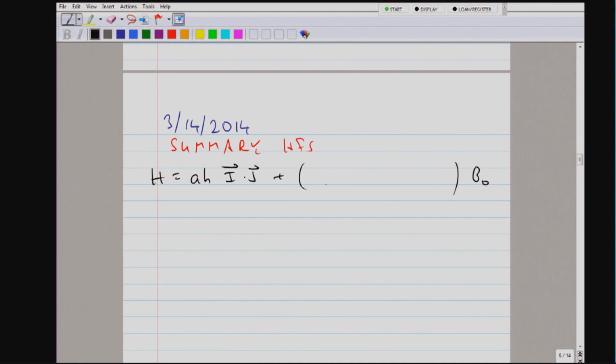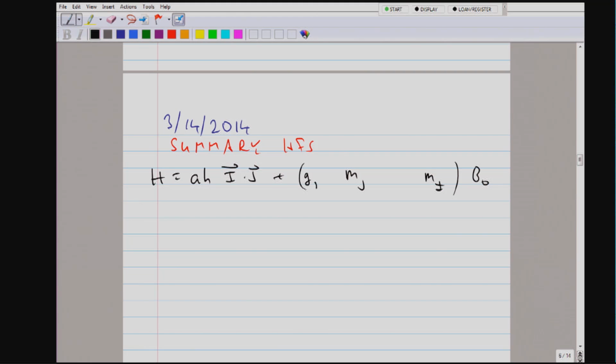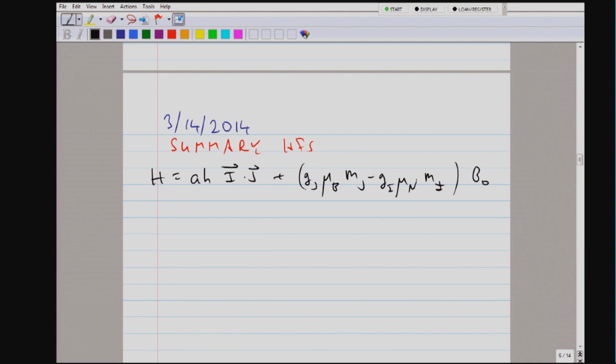What couples to the magnetic field, which we assume is in the z direction, are the z components of the magnetic moments, which are proportional to the mJ or mI quantum number, the magnetic quantum number of the atom and the nucleus.